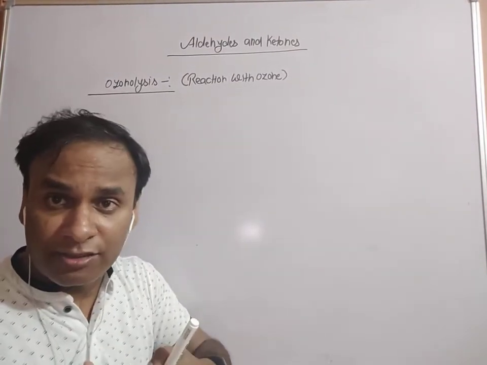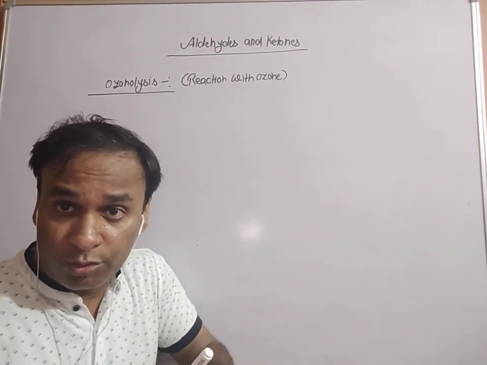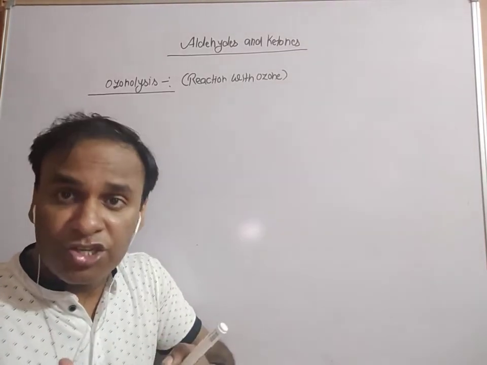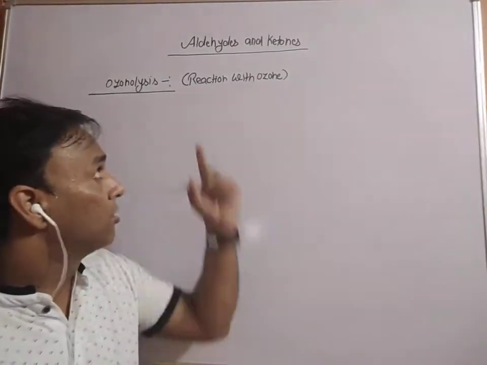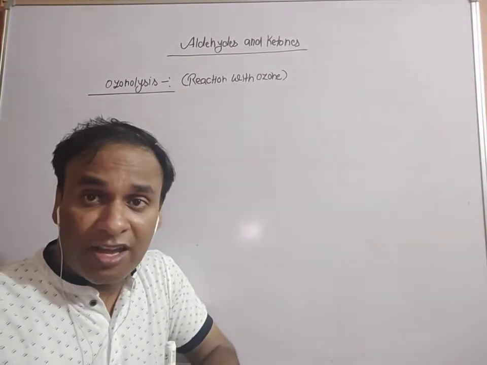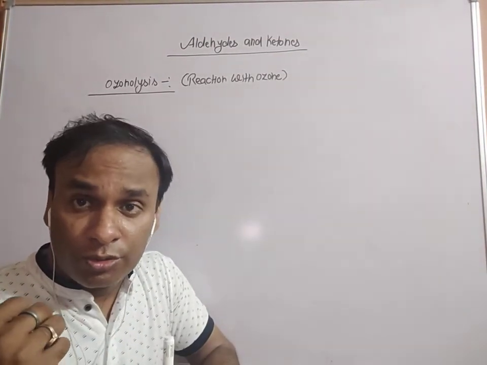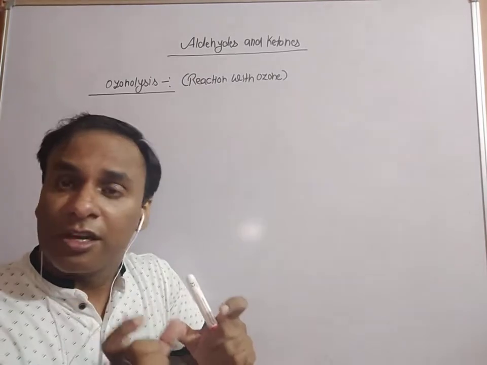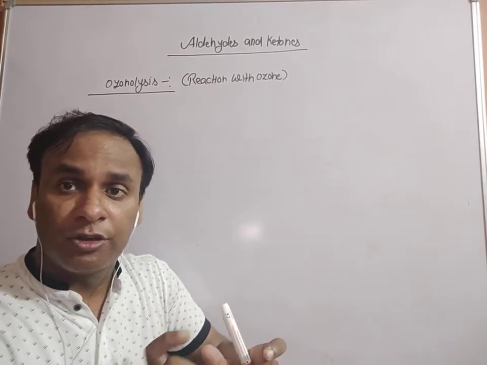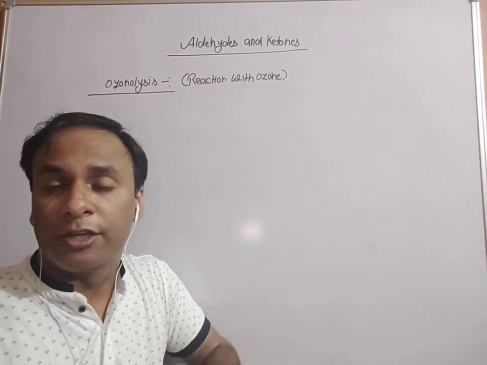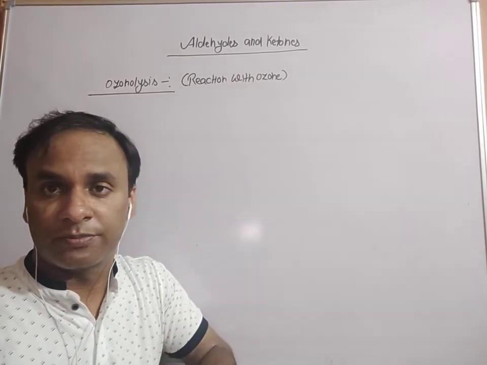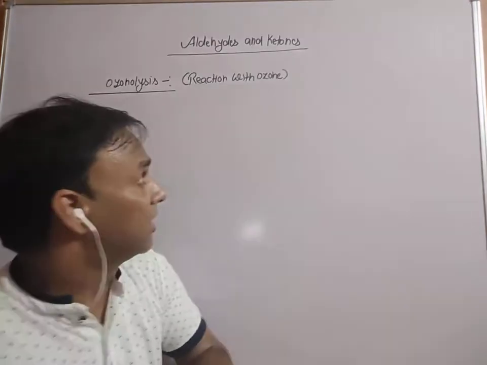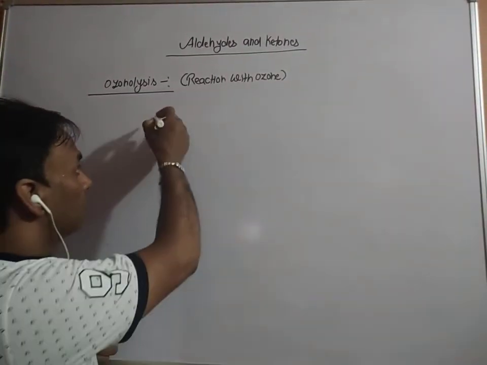When alkene is ozonolyzed, initially it forms an ozonide because ozone is directly attached to the alkene across the double bond. After hydrolysis, it turns into carbonyl compounds, whether aldehyde or ketones. Clear?